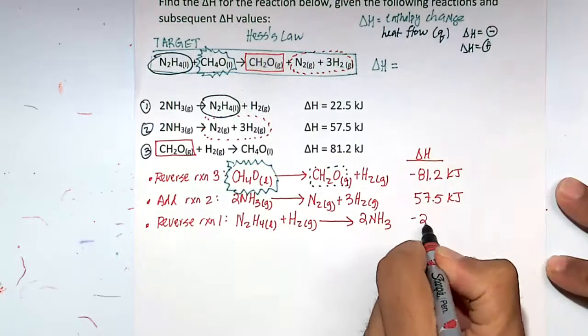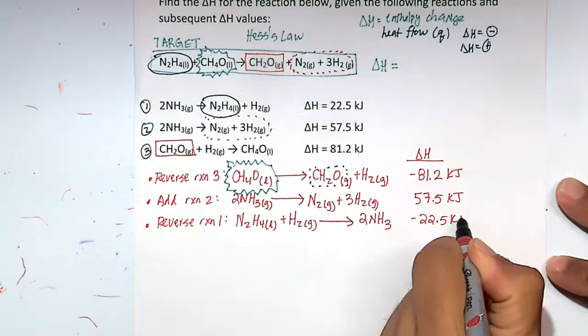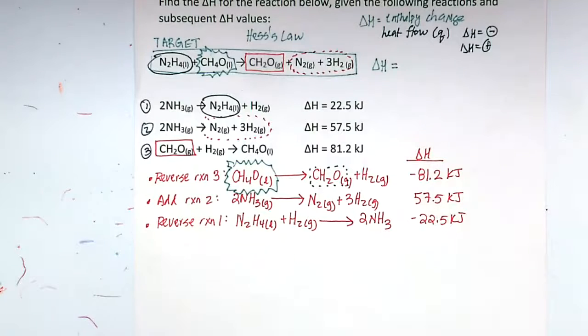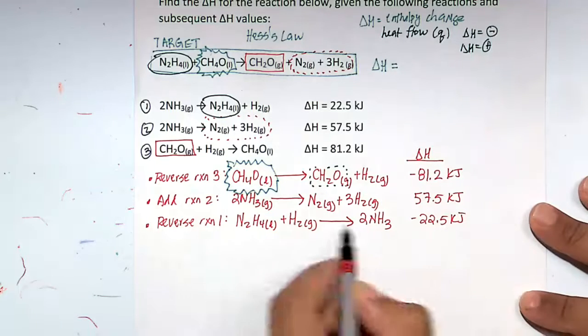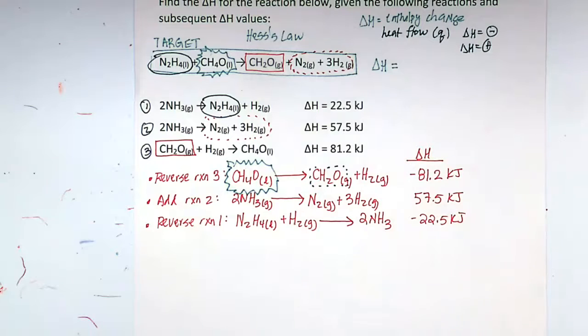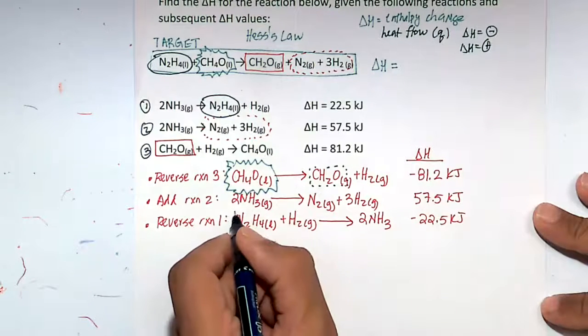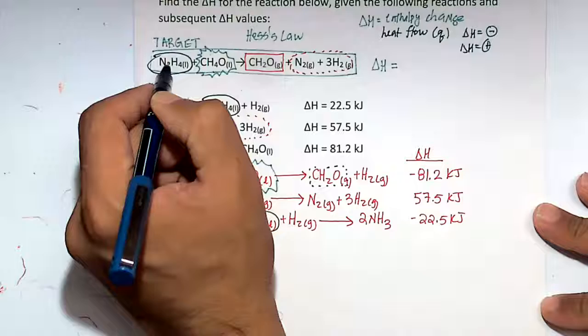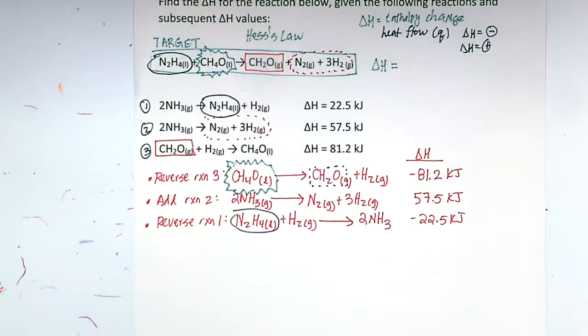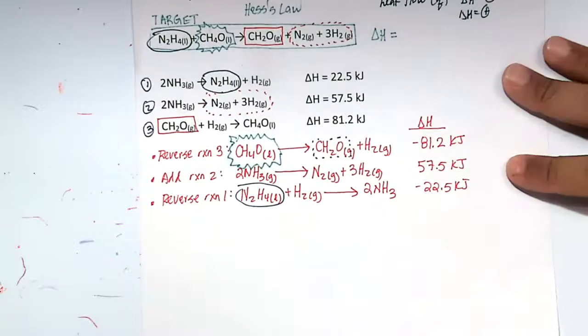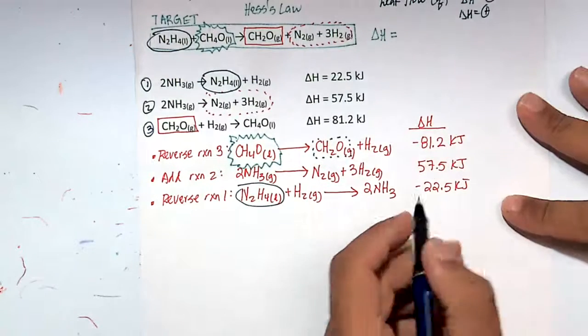Because I flipped it. So what was once endothermic now, because I flipped it, becomes negative. It's now exothermic. And you can see here now my N2H4 in the blue circle is on the same side as my target. So there's a question like this on the quiz, because I know this because a student came to me and I helped her out on it.